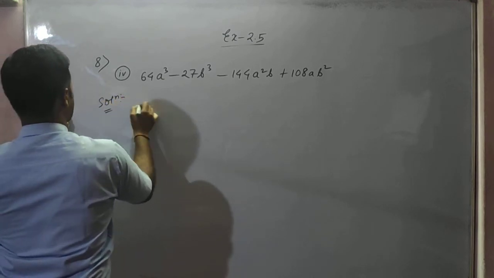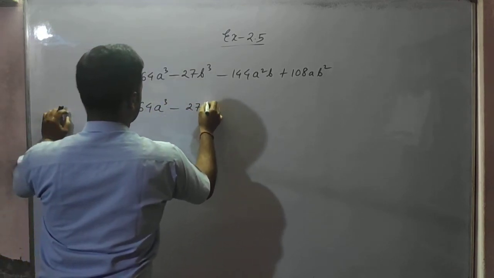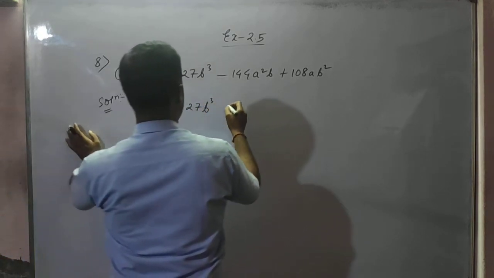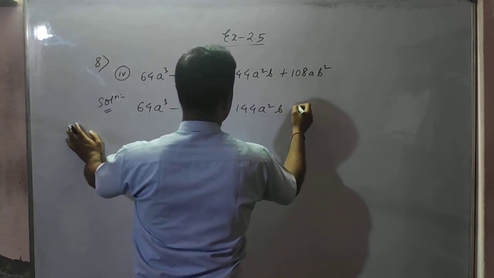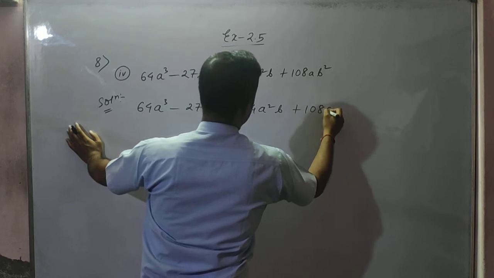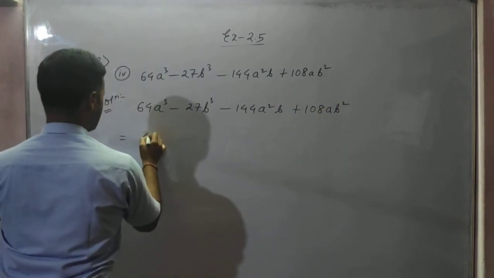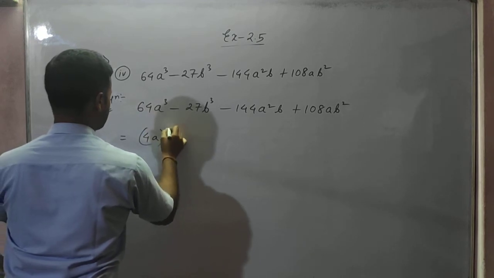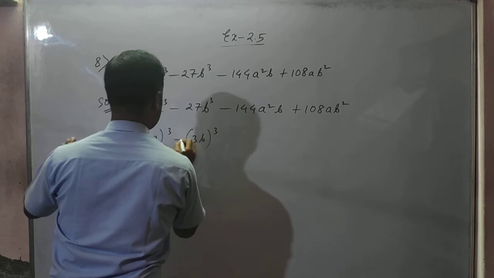We have to factorize this. 64A cube minus 27B cube minus 144A square B plus 108AB square. So directly, 64A cube means 4A whole cube minus 3B whole cube.